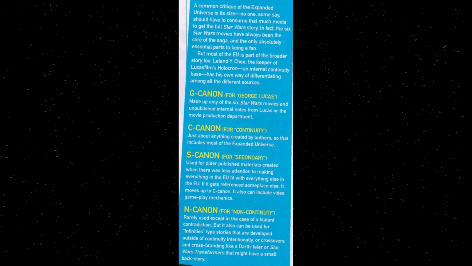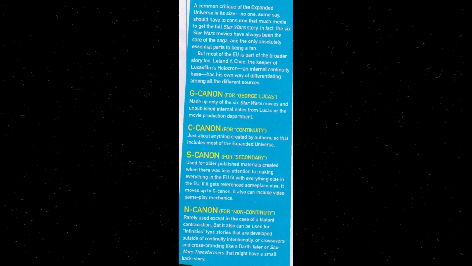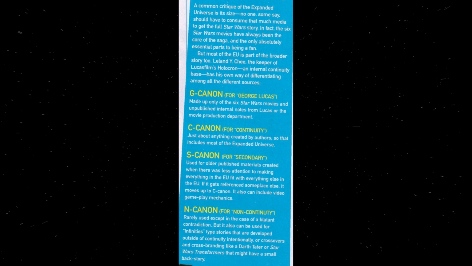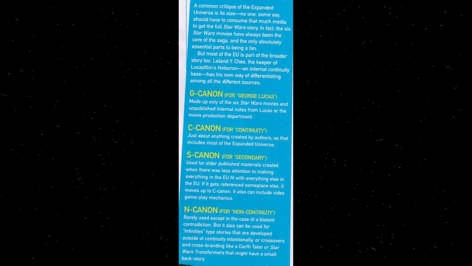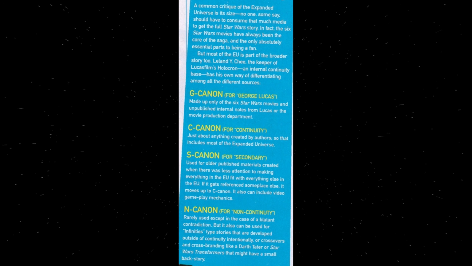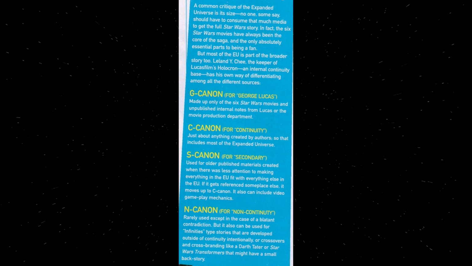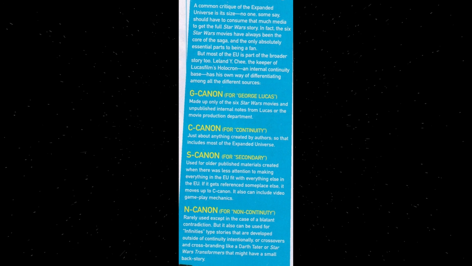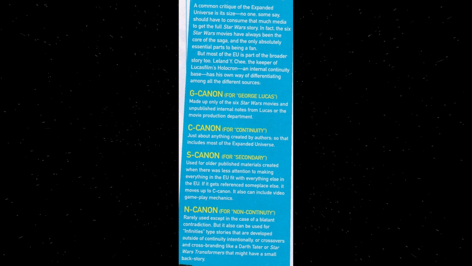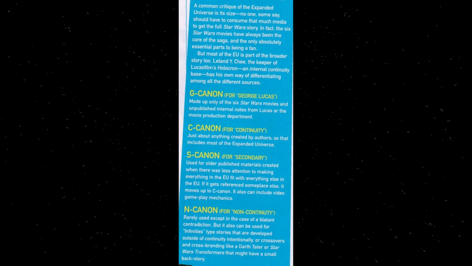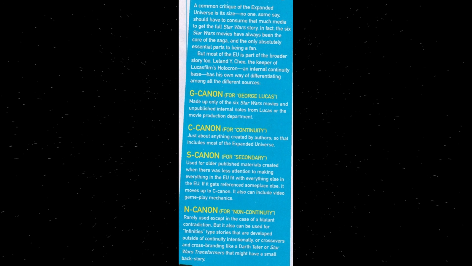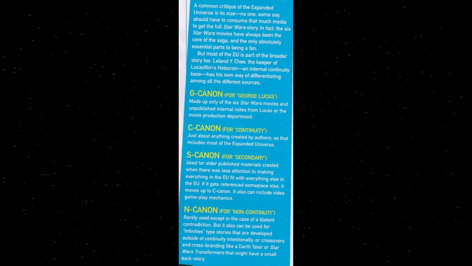Now, I am going to do a video separately, going fully in depth into the canon hierarchy, but essentially the canon hierarchy is the system in place for the old timeline, or the Legends timeline, the EU, whatever you want to call it, that sorts certain material into different categories of canonicity to help with continuity and help deal with retcons, etc. At the very bottom you've got N-canon, then S-canon, then C-canon, then T-canon, and at the very top you've got G-Canon.